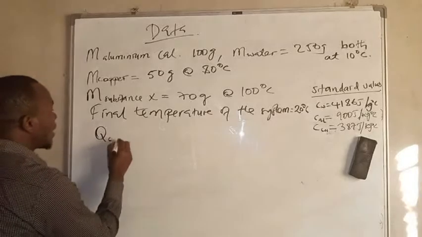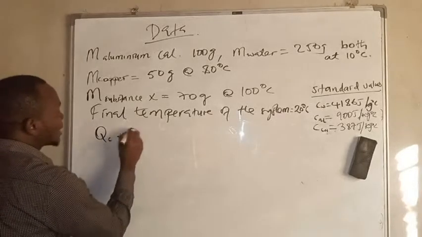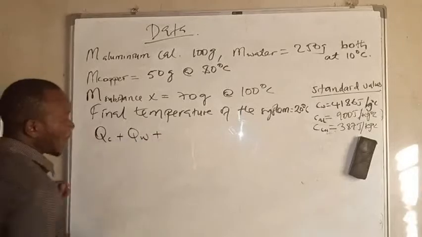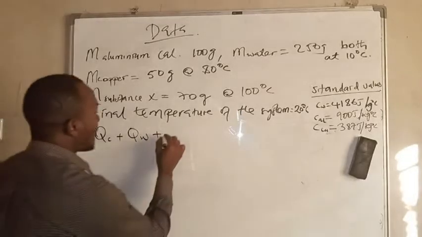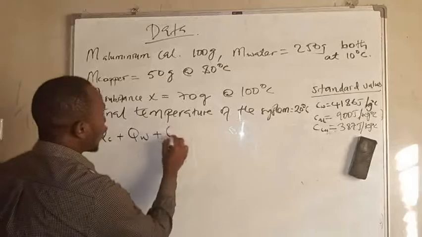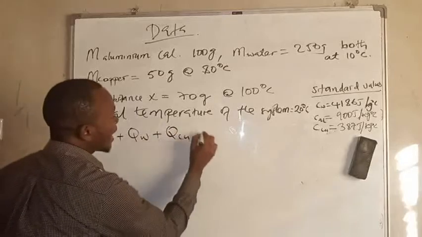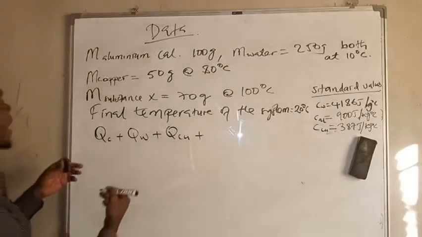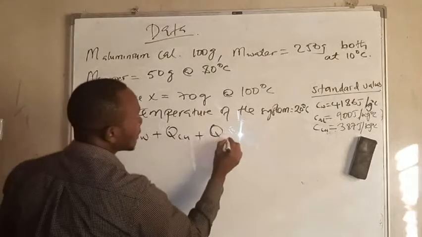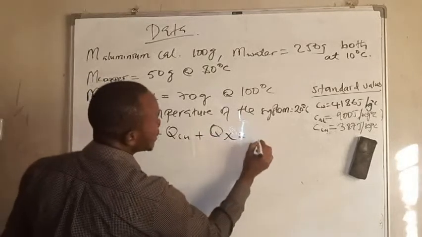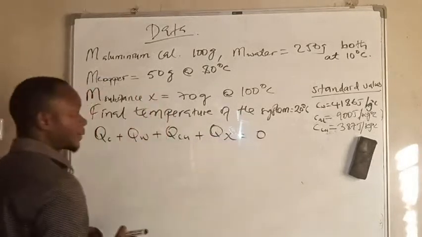So the energy of the calorimeter plus the energy of water plus the energy of copper plus the energy of substance X must give us 0.